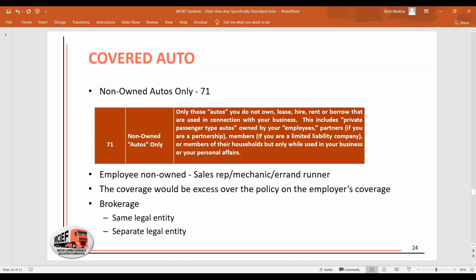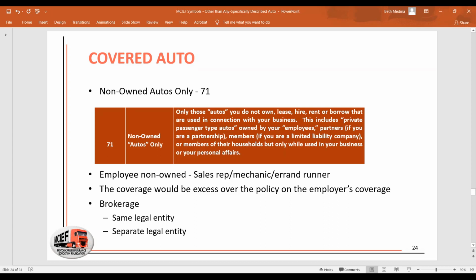The two things here: for hired auto, the premium is primary; for non-owned auto, it is excess. So if your insured's employee is using an auto not owned by the insured, then that policy would respond first, and that policy would protect and give defense to our insured, who is being held vicariously liable for the actions of those vehicles. Our coverage for the non-owned auto would be in excess of whatever is covered on the vehicle that the insured uses in your business.